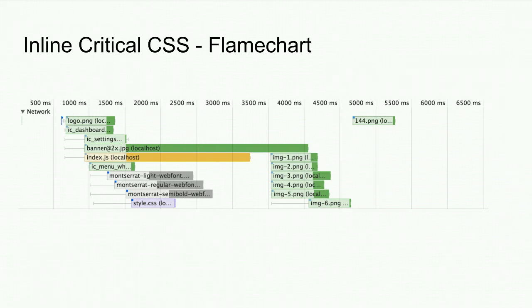The inline CSS is being loaded as part of the head. Everything else is being loaded asynchronously. So in this case, style.css, which is the CSS needed for the remainder of the website, or anything below the fold, is loaded asynchronously and later.